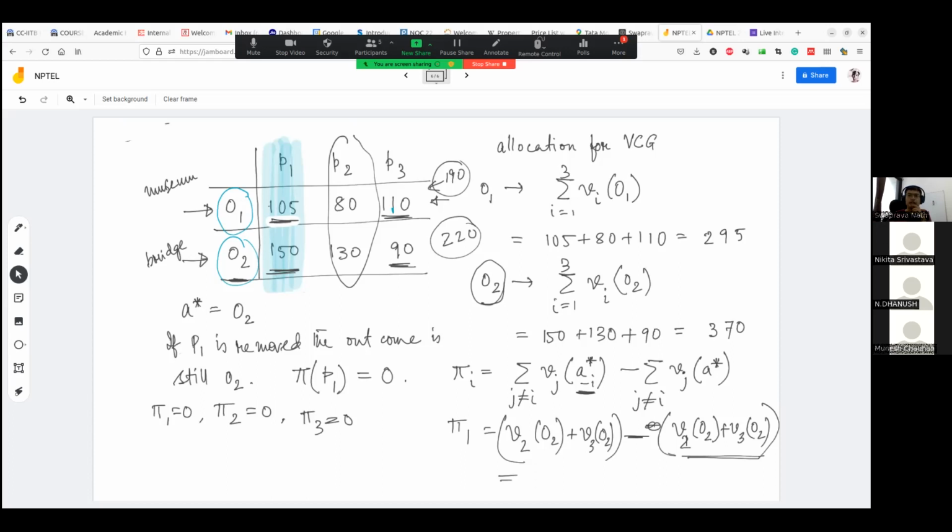If these were the numbers, I think none of these players are pivotal players. Sorry? I have pasted the answer in chat. Check.